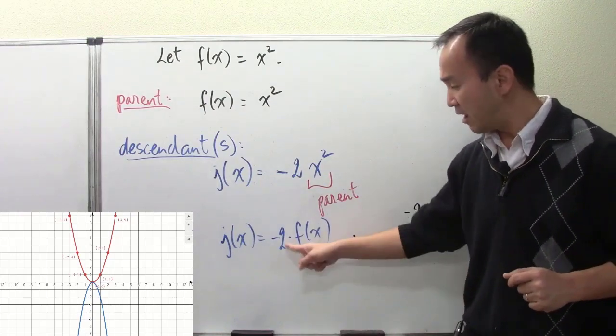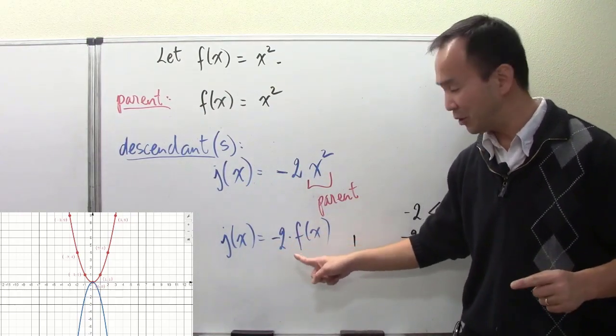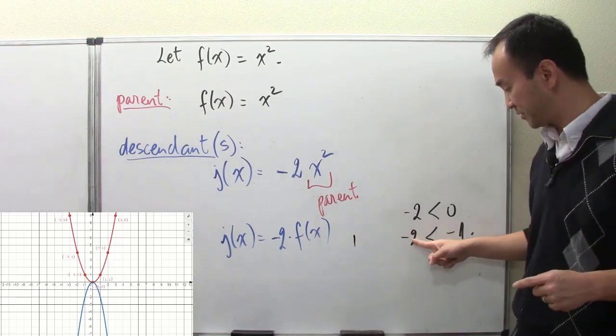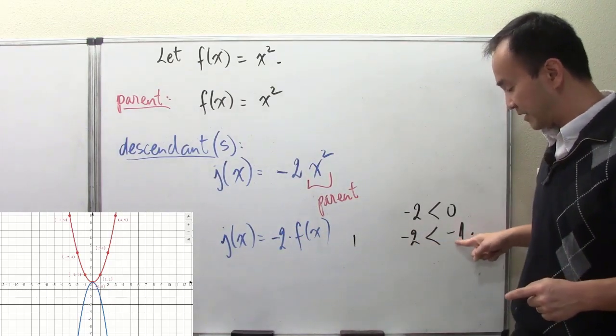Okay, and now having that flipped, but furthermore, aside from being flipped, notice this -2 is less than -1.